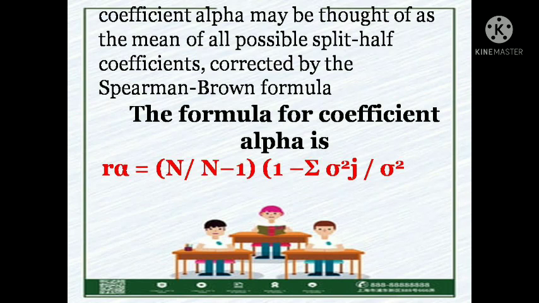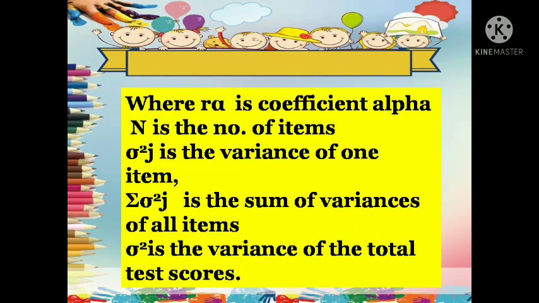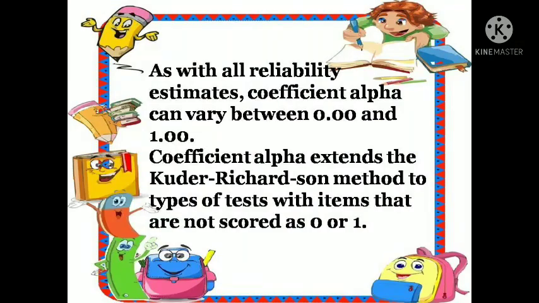The formula for coefficient alpha is R alpha is equal to n by n minus 1 into 1 minus sigma variance square j by variance square, where R alpha is coefficient alpha, n is the number of items, variance square j is the variance of one item, sigma variance square j is the sum of variances of all items, variance square is the variance of total test scores.